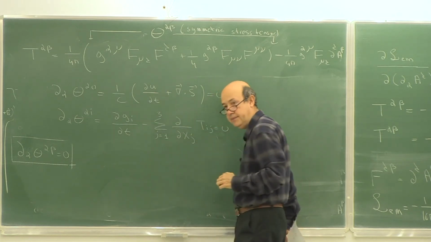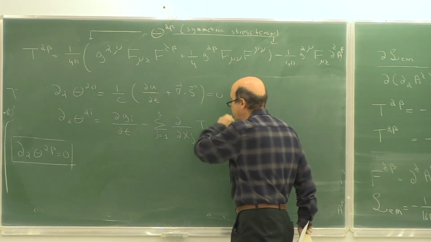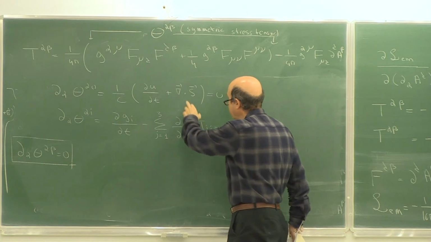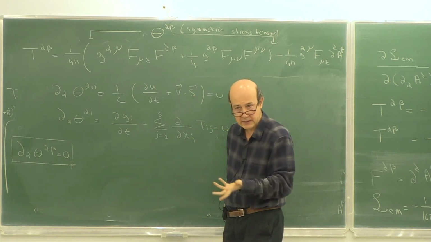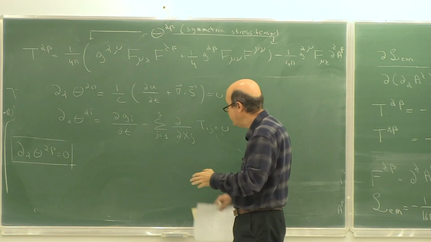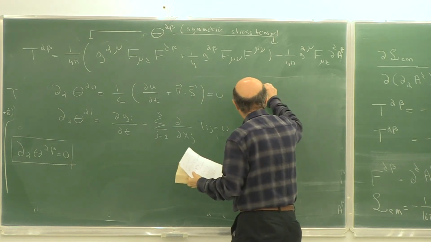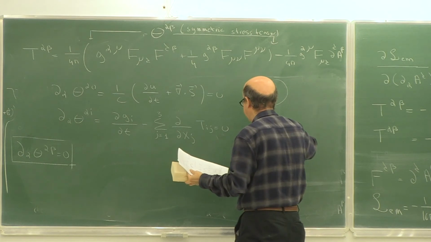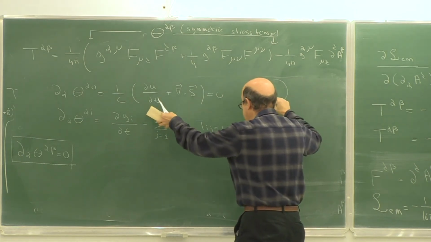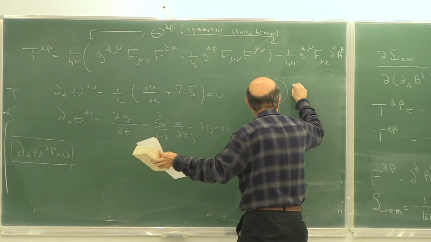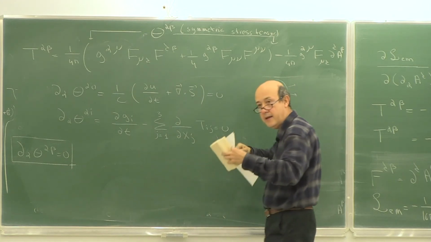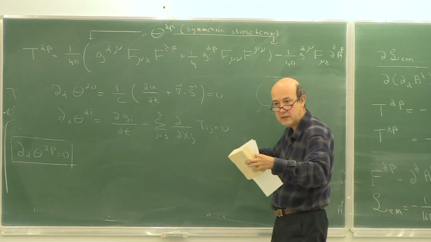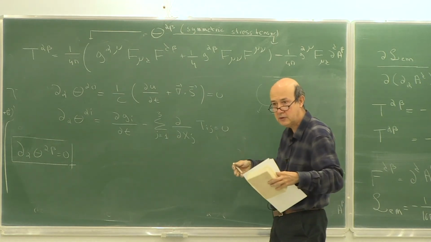Change of the energy is equal to what? The Poynting flux through the surface. Basically, if you choose a volume and the energy inside is decreasing, then we can observe a flow of the Poynting flux, the flux of the electromagnetic wave.